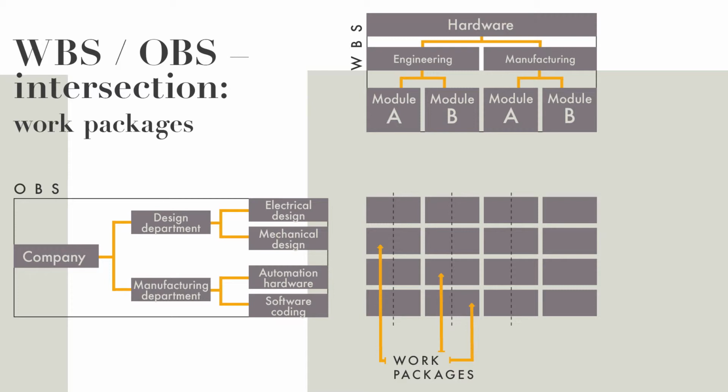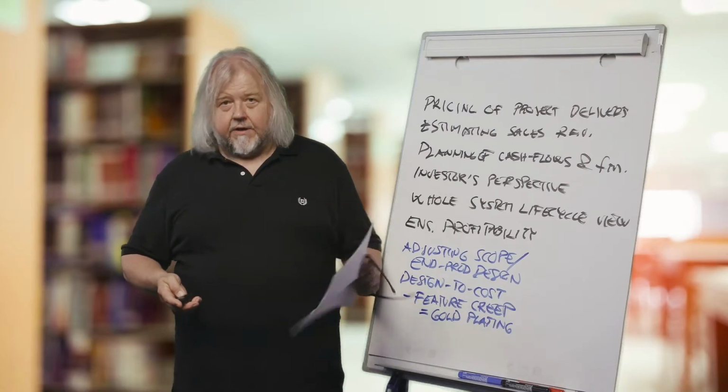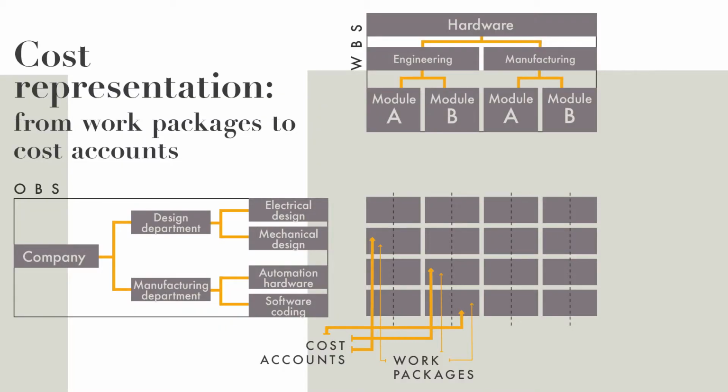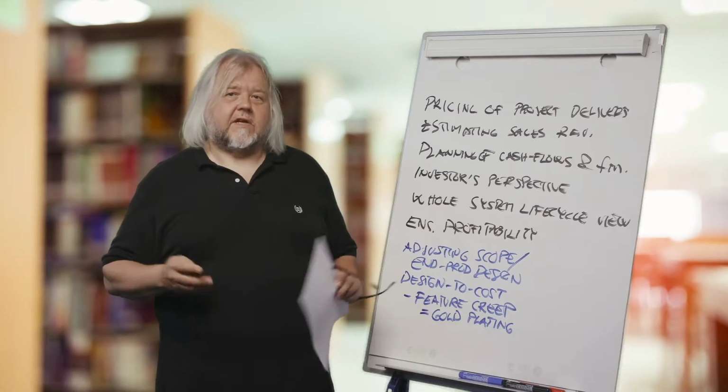And then we are familiar with organizational breakdown structure, OBS, which is a company organization. And in the intersection there are work packages. When we are doing project cost management, we call these intersections cost accounts. We record costs there, and we are controlling and following costs that are connected to these intersections.